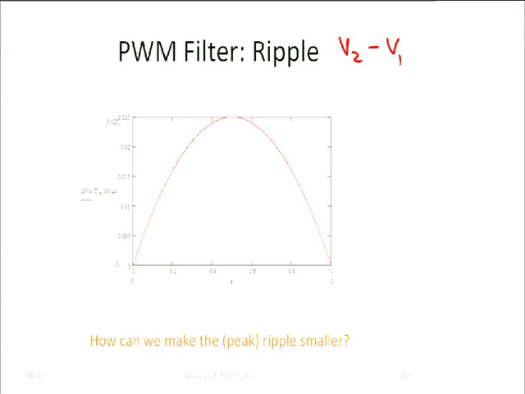So we're getting ripple, and that ripple depends on the duty cycle. If the duty cycle is 0, so the output of the microcontroller is always 0, what do you expect the magnitude of the ripple to be? 0, right? 0, exactly, and that's also what the analysis said. Same thing here. In the middle, somehow we get the peak ripple.